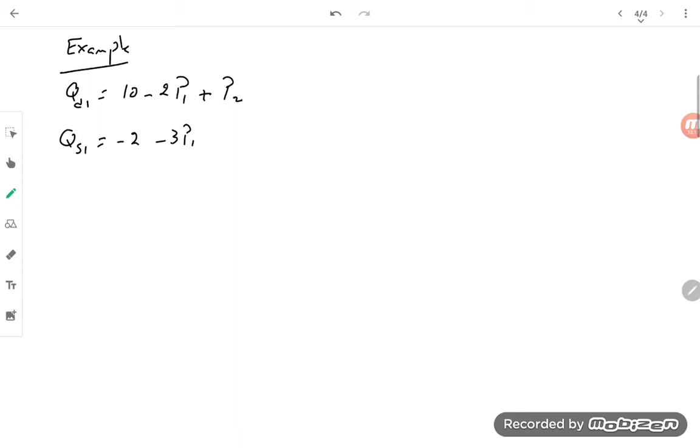While with respect to market of commodity 2, it will be QD2 equals 15 plus P1 minus P2. And with respect to quantity supplied, it will be negative 1 plus 2P2. Required to find the equilibrium quantities, equilibrium price and the quantity.